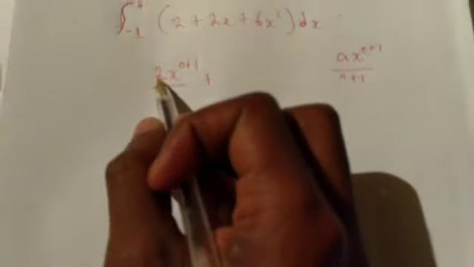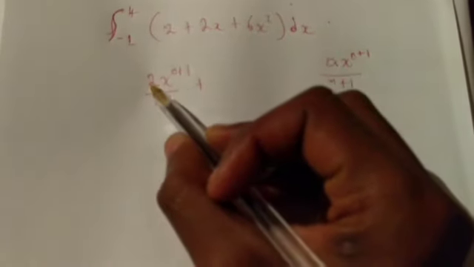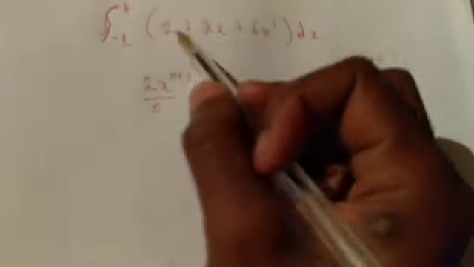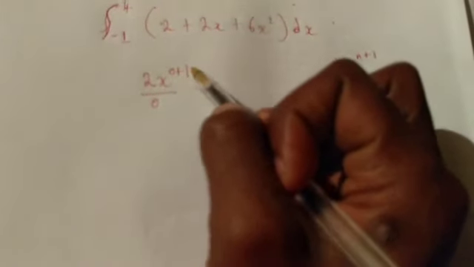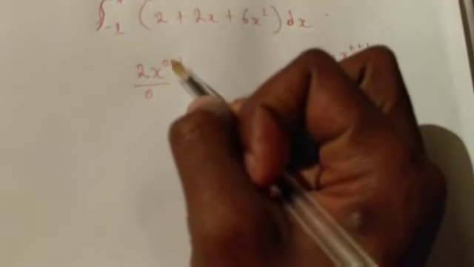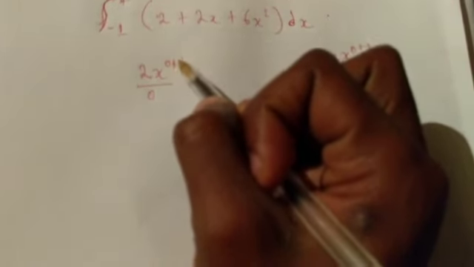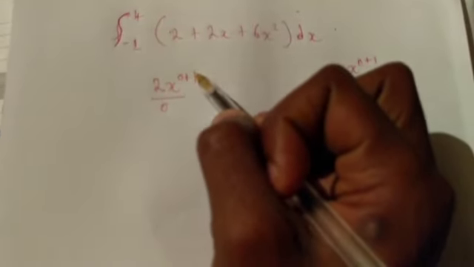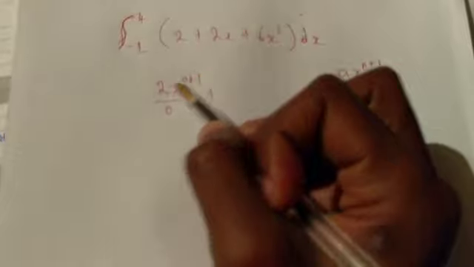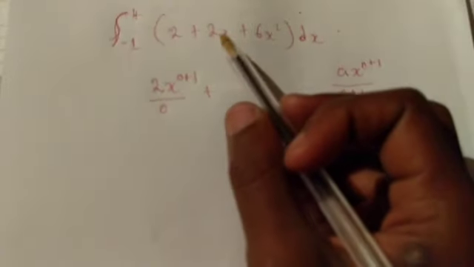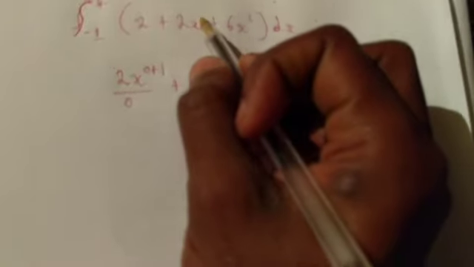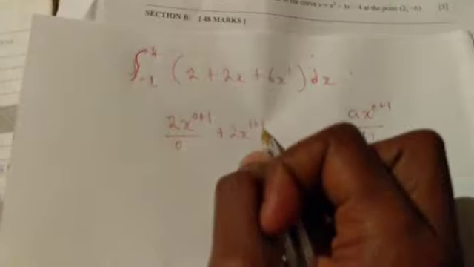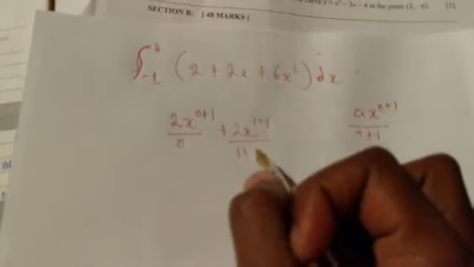So our a here is this one, the x is there, and the n here is 0, because we don't have a visible power, and 0 plus 1 gives us 1. Since in integration we are adding, we say 0 plus 1, which gives us 1. Then, since there is an invisible power of 1, it will be 2x to the power 1 plus 1, and down we say 1 plus 1.